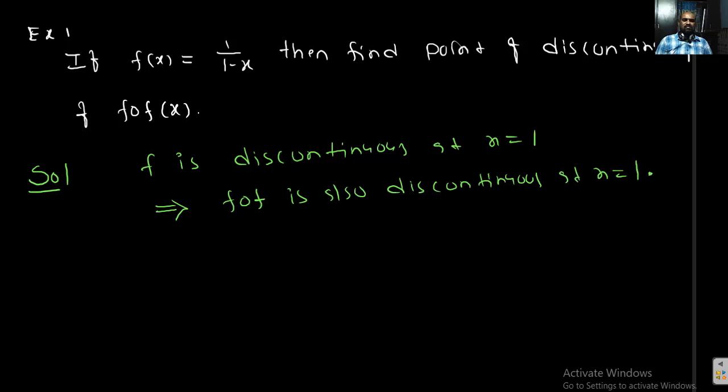Okay. First of all, I want to find f circle f of x. Already this function is discontinuous at x equal to 1, so we got 1 point. More points you will get from this rule, f circle f of x.